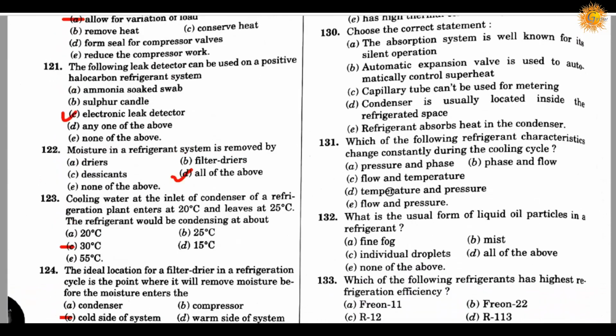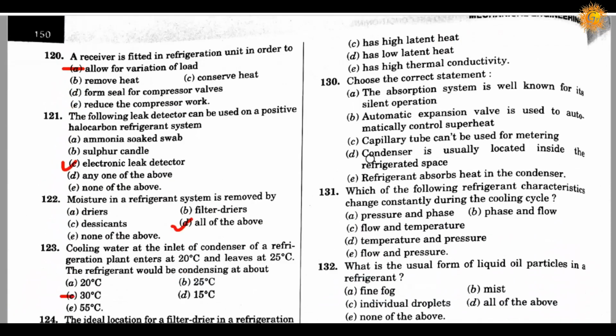Question number 130. Choose the correct statement. Option A, absorption system is well known for its silent operation. Option B, automatic expansion valve is used to automatically control superheat.